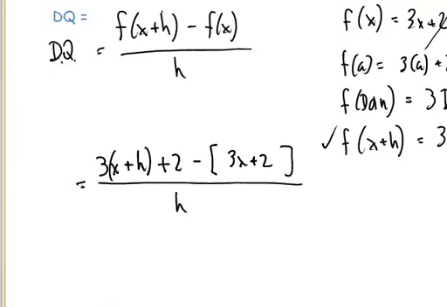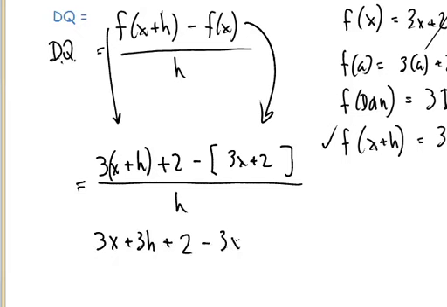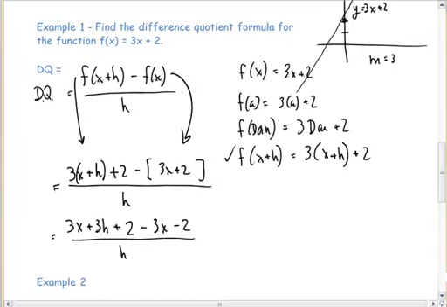So here we have the difference quotient is equal to, I've made my correct substitutions for x plus h and f of x, and when I distribute, and divide by h, one of the amazing things that happens is, with the difference quotient when you do the algebra right, terms drop out and you're left with something reasonable to simplify, and 3h divided by h is going to be 3.